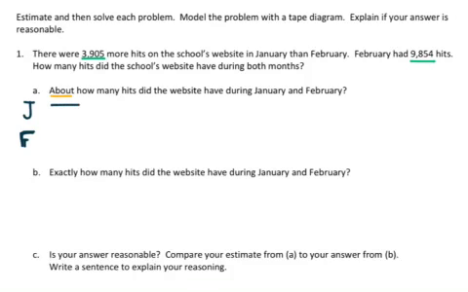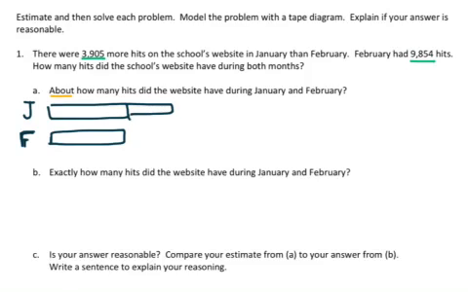So let's see, January and February, we're going to pretend these are even. So January has 3,905 more than February, and February had 9,854.